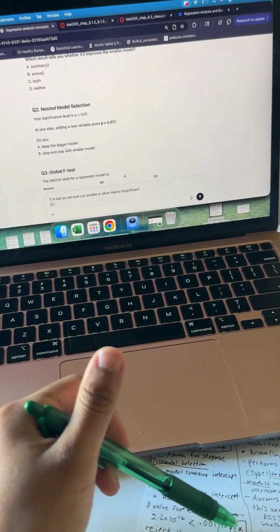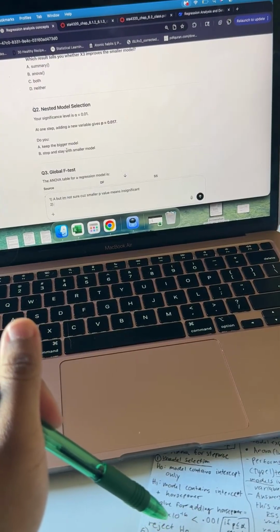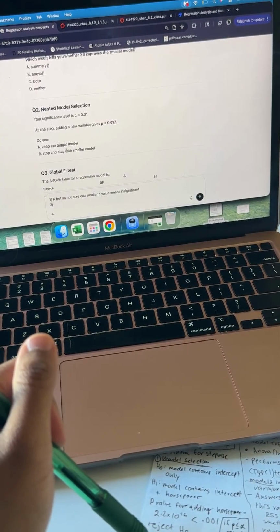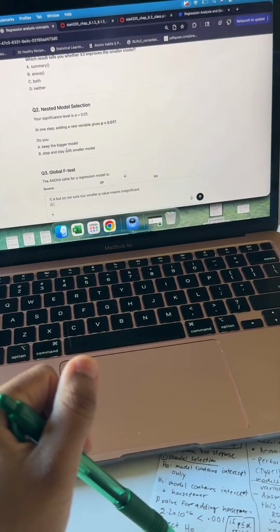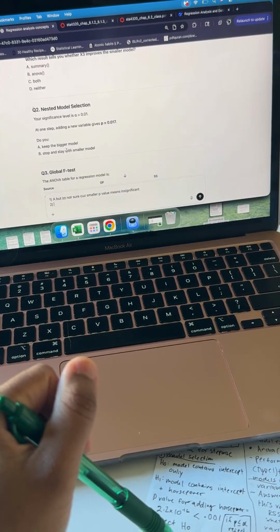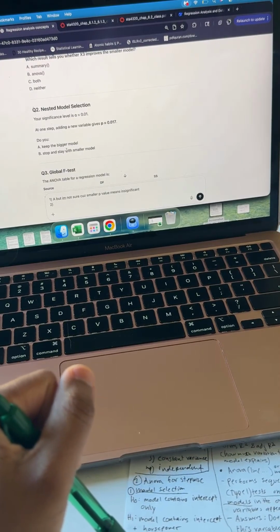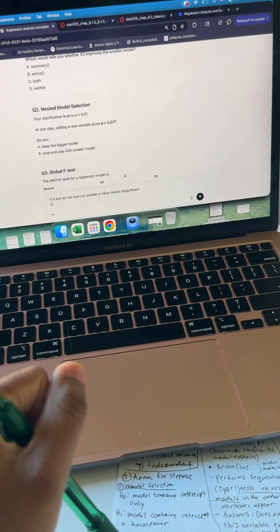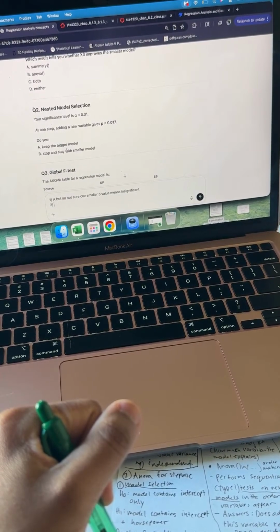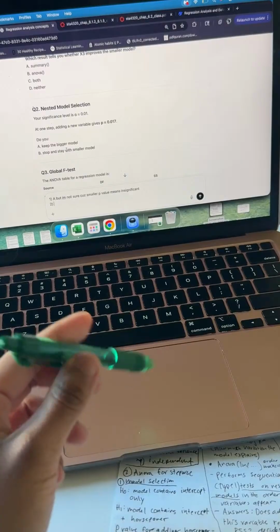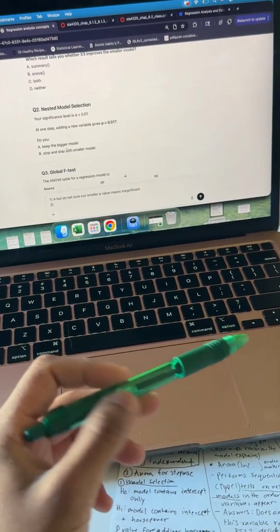If the p-value is less than or equal to alpha, reject H0. So H0 would be the model contains... so accept H0. So it has to be less than. Honestly, this part is confusing.